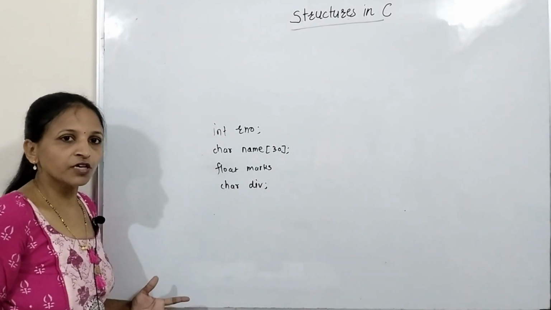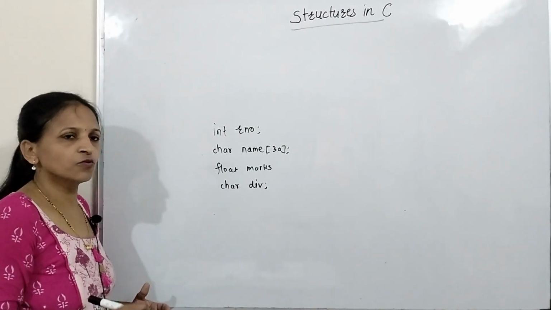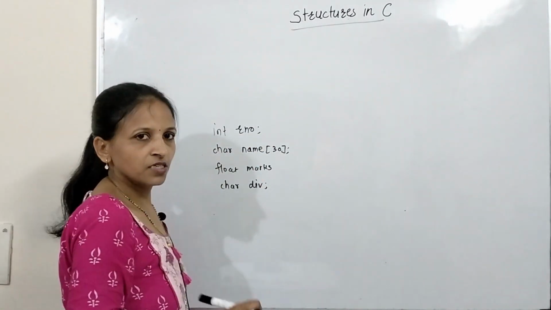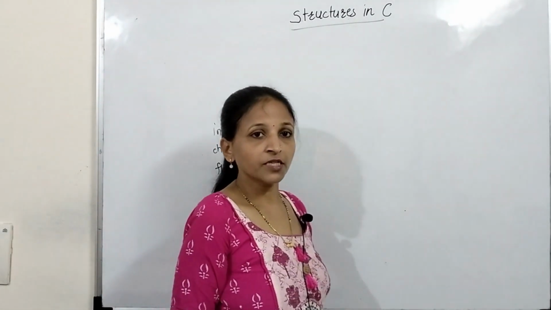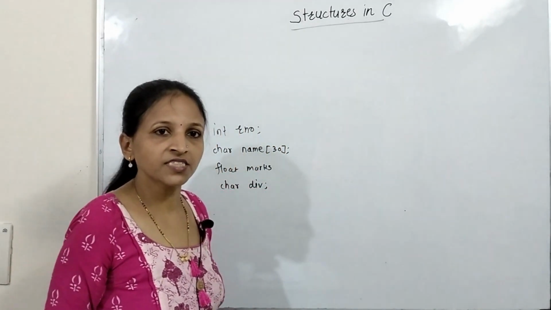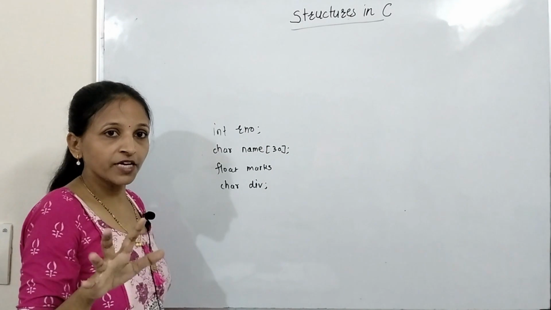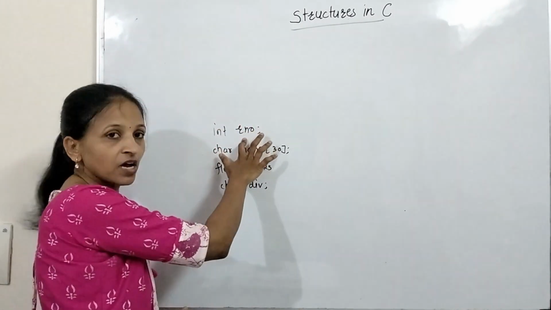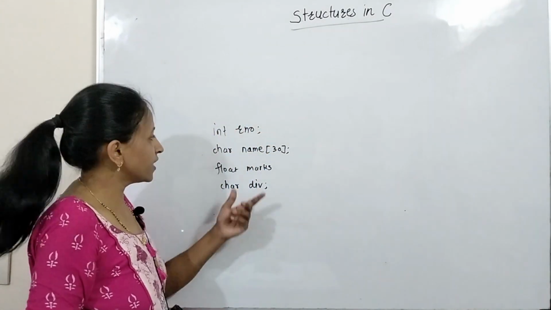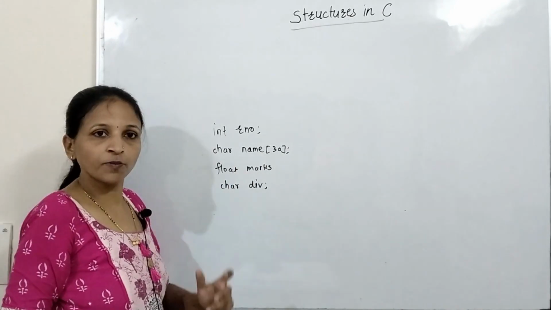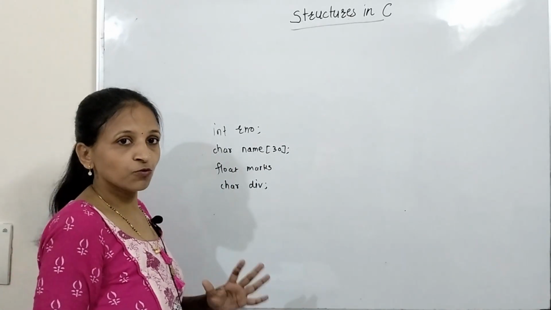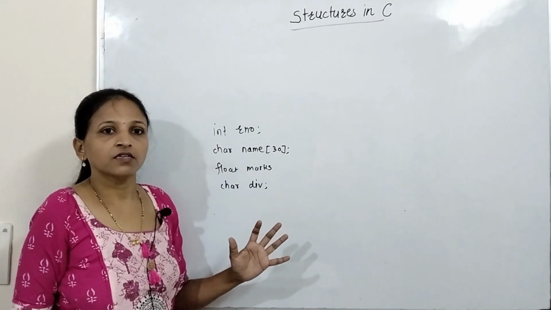If you want to store one student's data, you can store it in these variables very easily. But suppose I want to store 5 students' information, then what is to be done? We have to create an array of roll number having size 5, then an array of name, an array of marks, an array of division. Multiple arrays we have to declare for that.